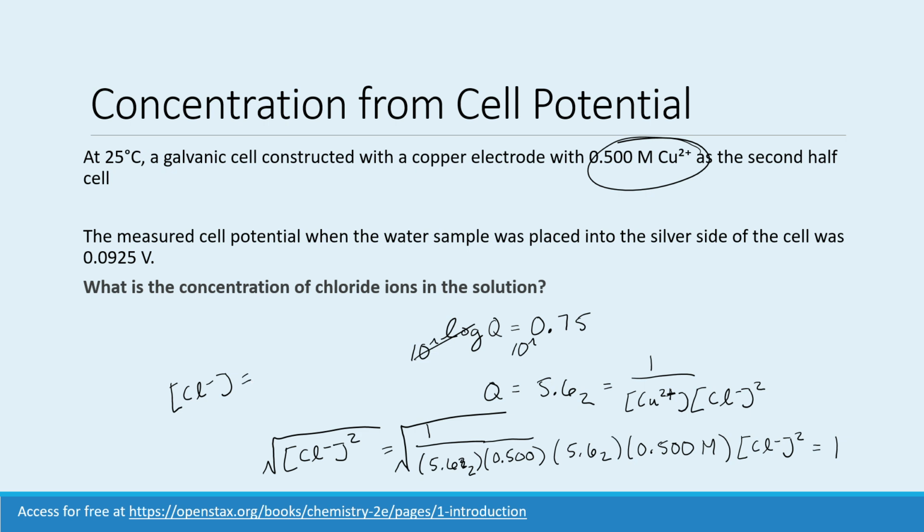And take the square root. So our concentration of those chloride ions, square root, and two significant figures based on that value of Q should get us back 0.60 molar for our final answer.